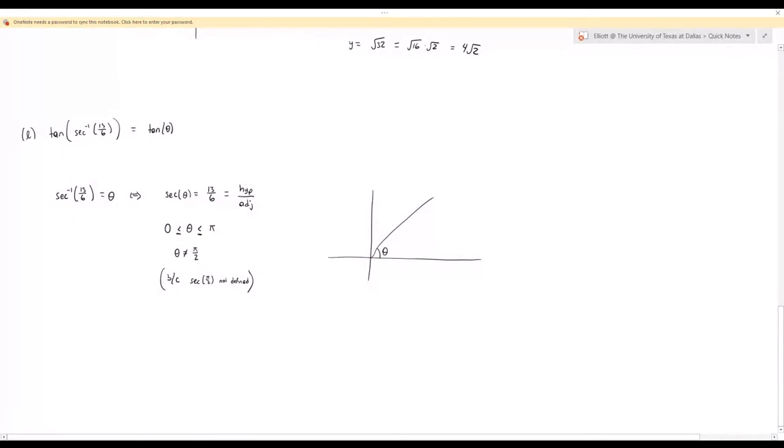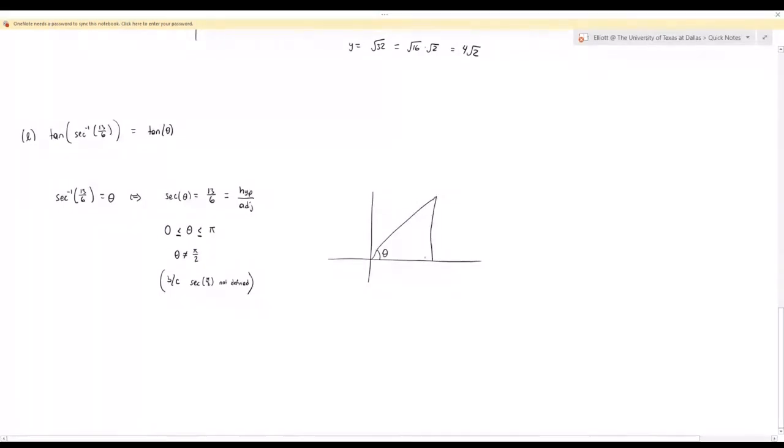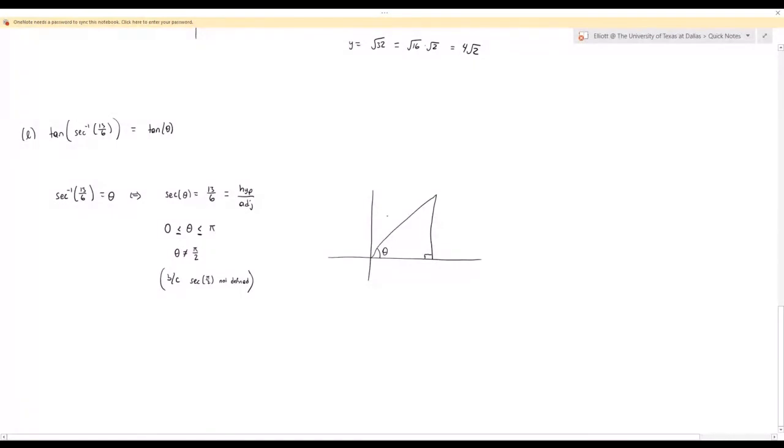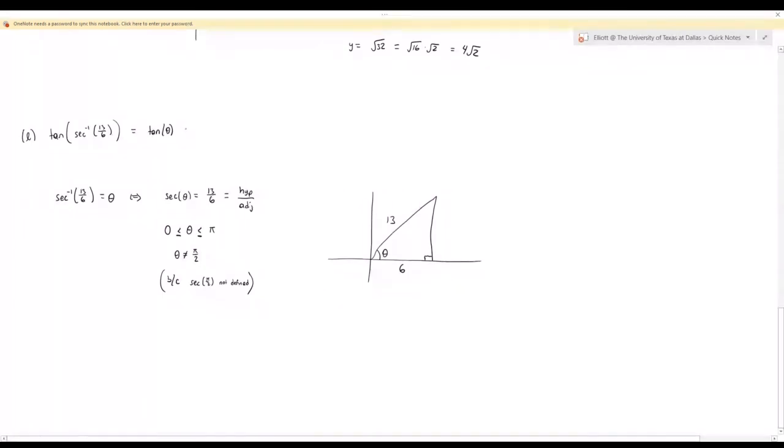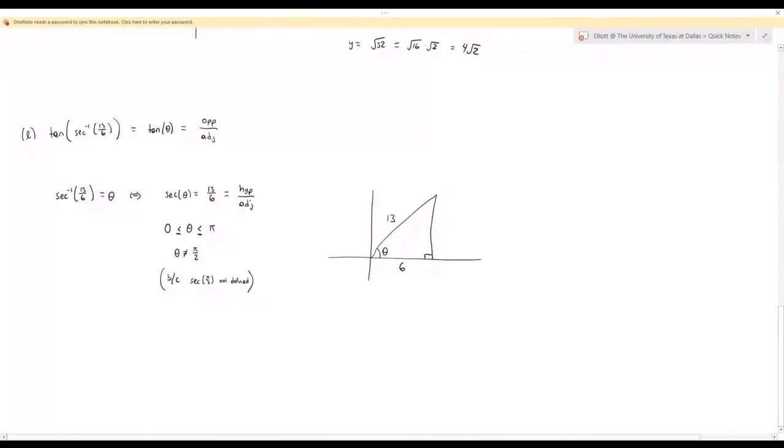So I'll have a right triangle where I label the hypotenuse as having a length of 13, adjacent having a length of 6. From there, we need tangent of this angle, tangent being opposite over adjacent.